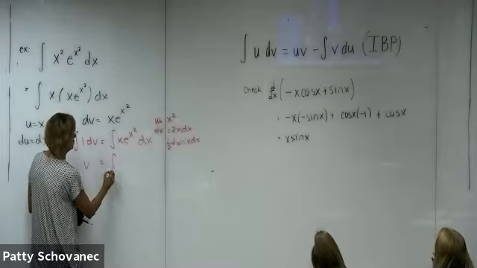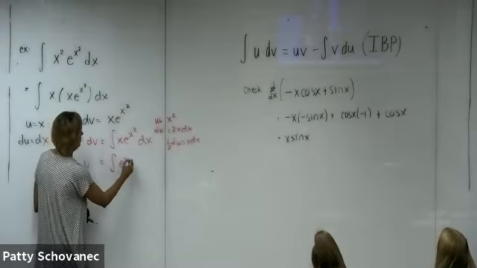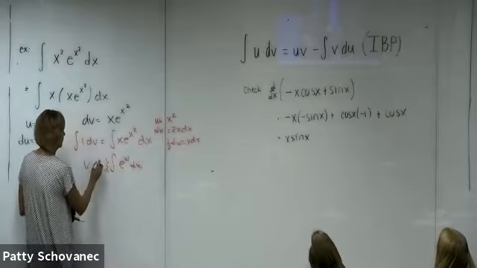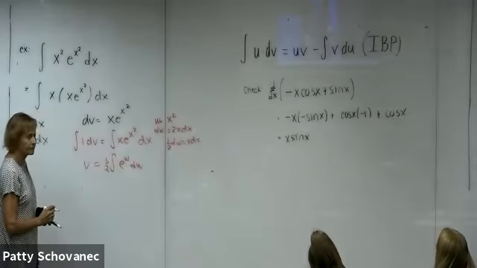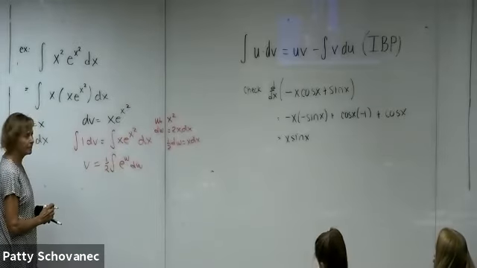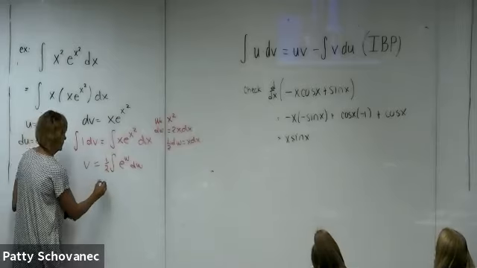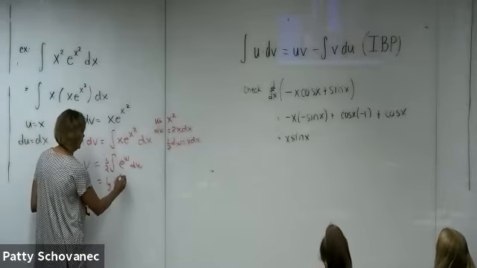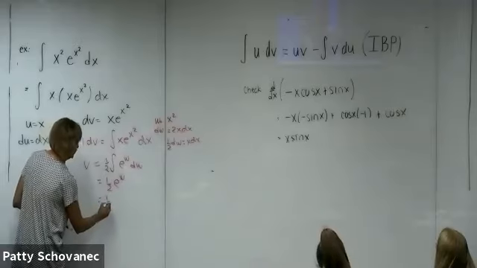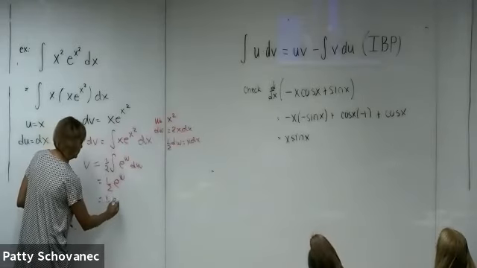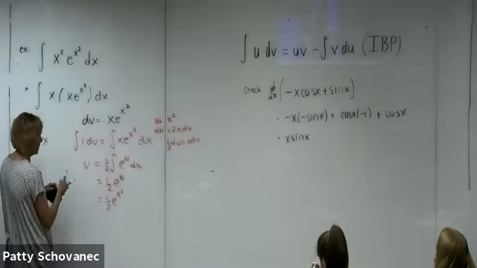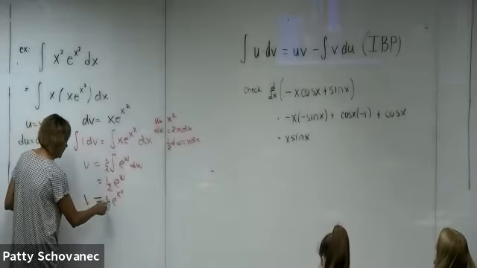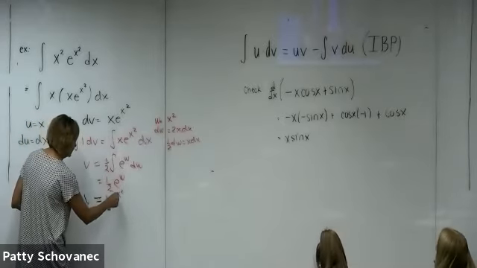So this integral is going to look like e to the w times 1/2 dw. What's the integral of e to the w? So we get e to the w here, and w was x squared. So let me go back to black. V is going to be 1/2 e to the x squared.